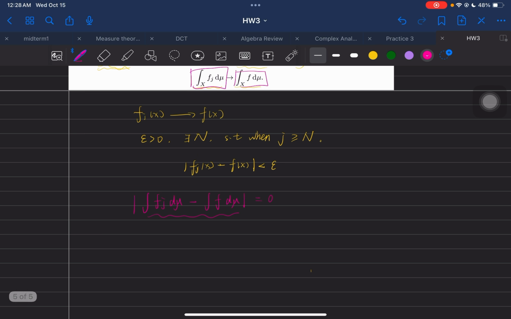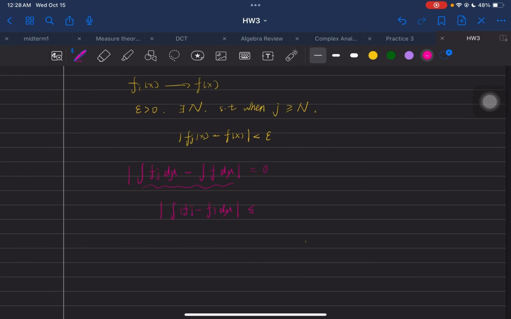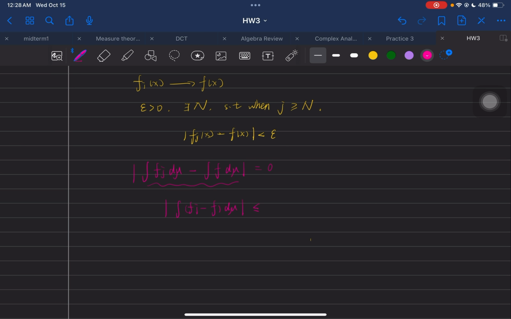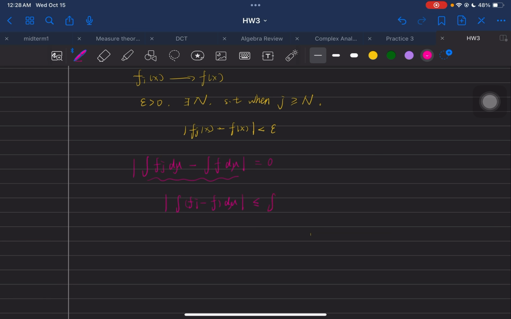First notice as the integrals are linear, we can write this as the integral of fj minus f d mu. Then we know it has to be smaller than the integral of the absolute value of fj minus f d mu.